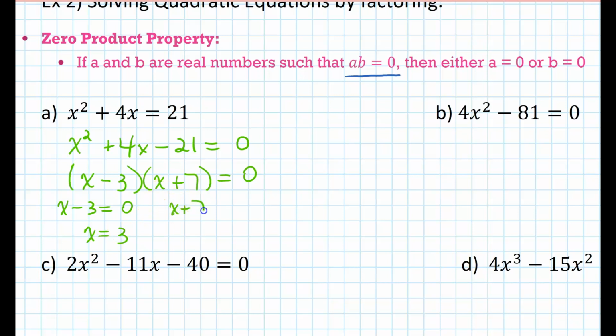Or x plus 7 equals 0, and this x would be negative 7. So again, two solutions. X is equal to both negative 7 or 3. And again, this represents where that parabola is intersecting the x-axis, our x-intercepts.